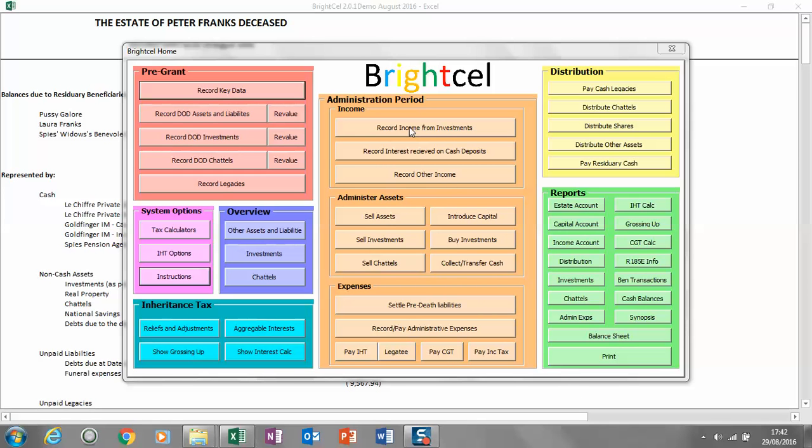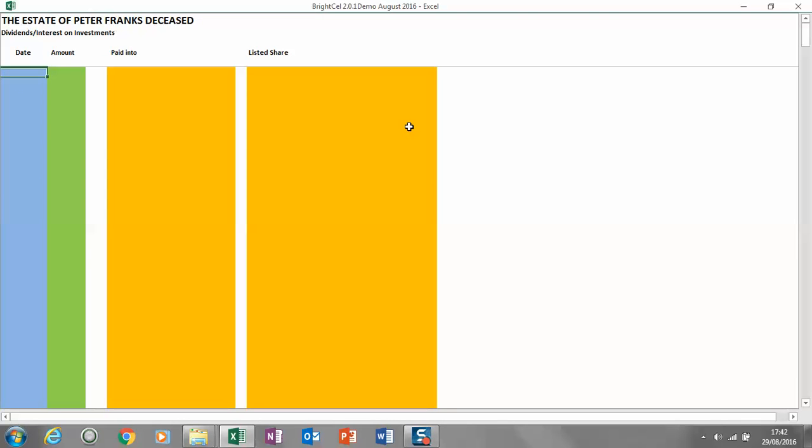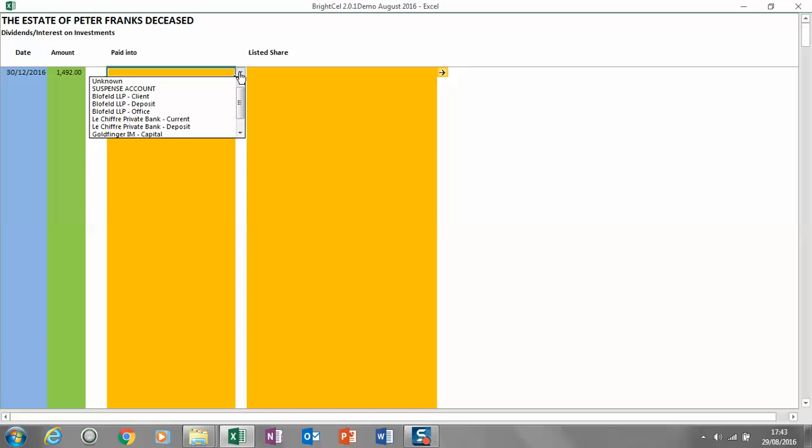So the first thing I'm going to do is record income from investments. Now, let's assume that the receipt of this one, let's just say, is the 30th of December 2016. Let's say we received 1492, and this was paid into the account into which it's paid.